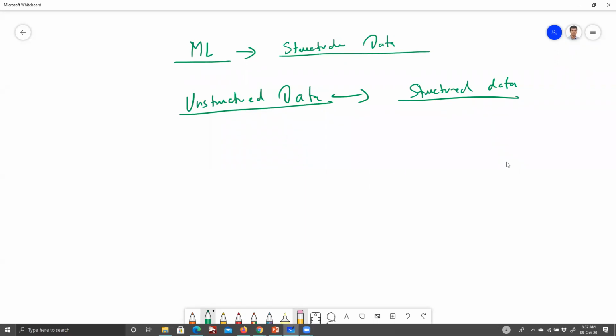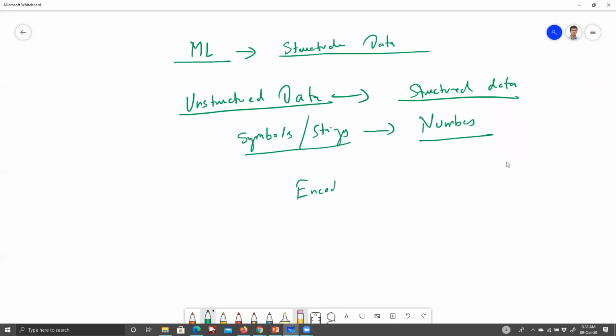The other thing is, ideally, symbols or strings should be converted to numbers. And of course, you want to encode the context as well. Now, this is going to be hard actually, to encode the context correctly.